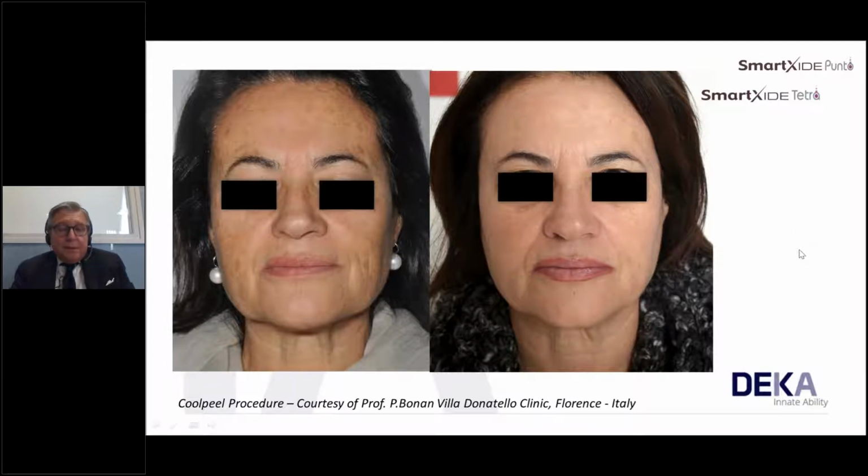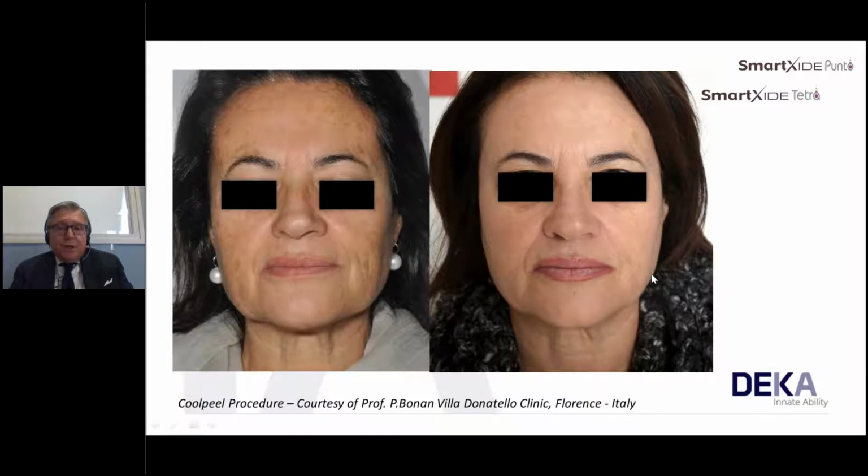Our cool peel, that we can adopt even with Smartxide Square and Touch, of course, by using HP Pulse and Stack 1, you have to keep this in mind. We can have a not so aggressive treatment, but the results lead us to this very interesting lighter skin.